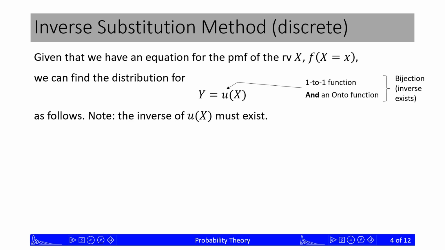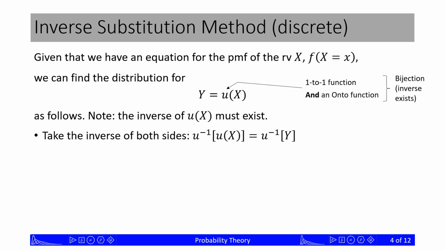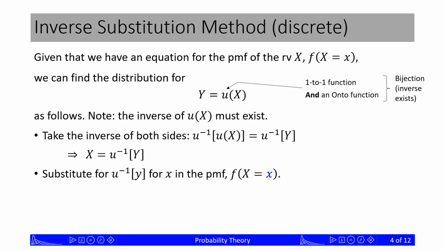So we will let y stand for the new random variable for u of x. Once we write out the relationship of y as a function of x, we take the inverse u on both sides of the equal sign. So then we're left with capital X equals u inverse of capital Y. Now we're going to substitute inverse u of lowercase y for the lowercase x in f of capital X equals lowercase x.